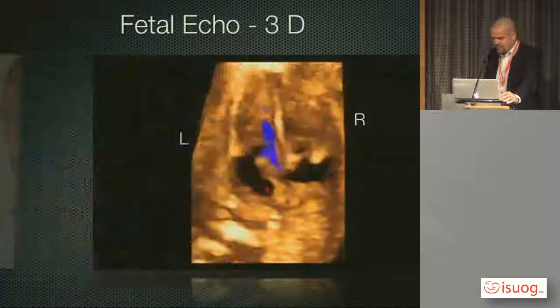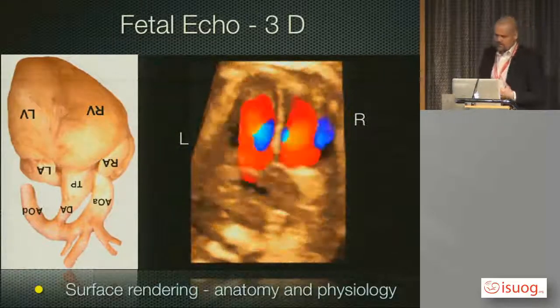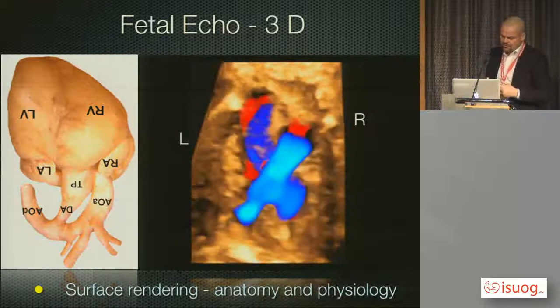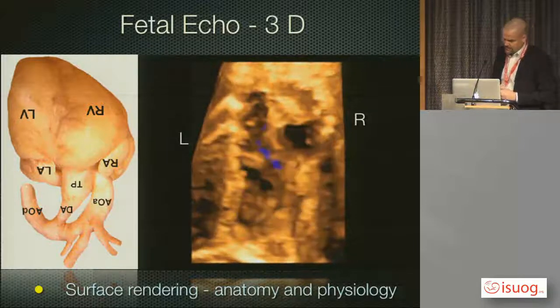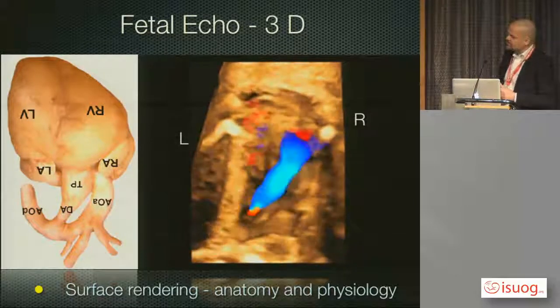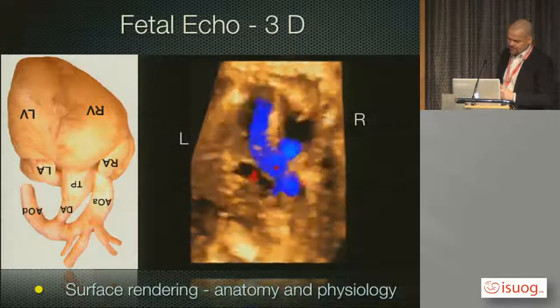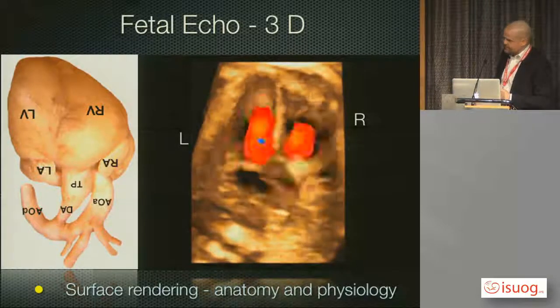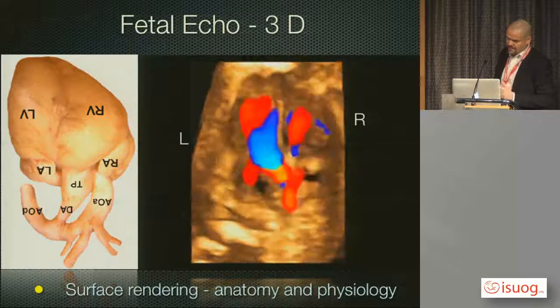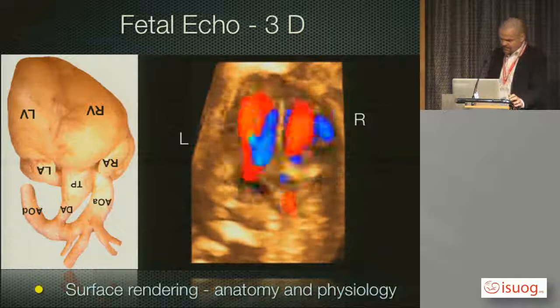Then we do a STIC volume in combination with color, so-called glass body mode, and in red you see the diastolic filling of the ventricles, and for a beginner it is very easy to understand how the overcrossing of the great vessels works. The aorta coming from the left going to the right, the pulmonary trunk coming from the right going to the left in blue, and this is normal anatomy and normal physiology at 28 weeks of gestation.